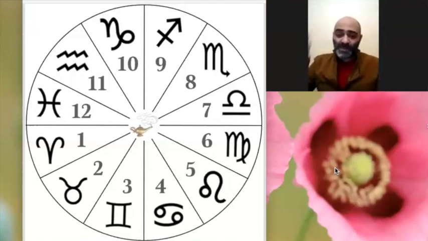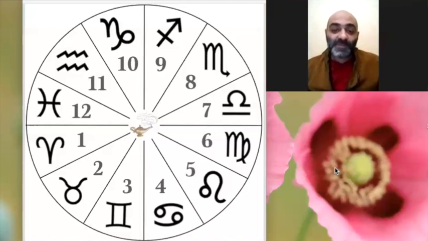If you get back to the sign that represents the house, you always get the proper indication. So can you say more about the third house? I know you had mentioned to me about siblings. What else about the third house do you see?